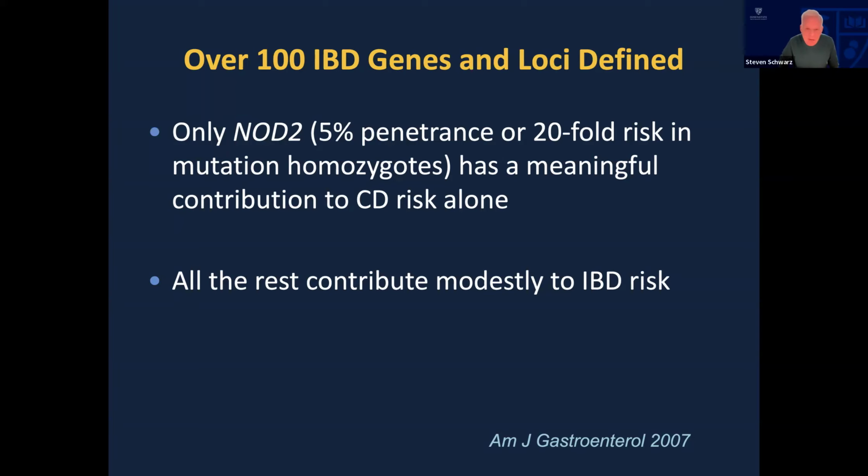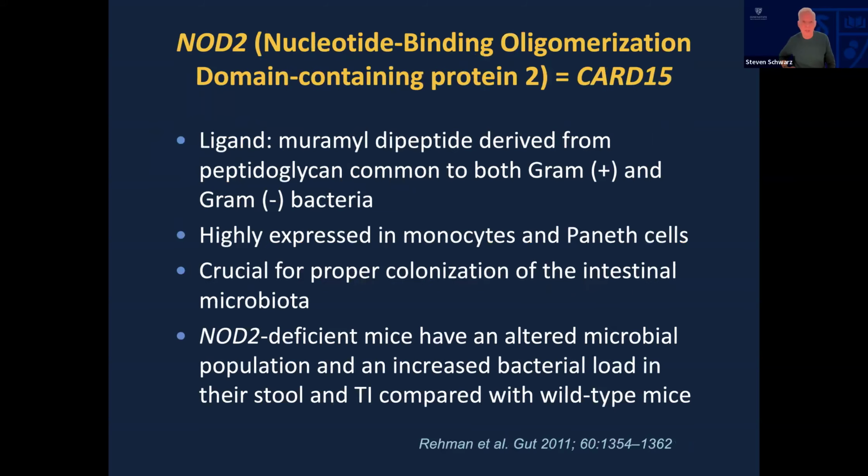Only NOD2 has a meaningful contribution to Crohn's disease risk alone. All the rest contribute modestly to IBD risk. So NOD2 is the most important of the other genetic variants that we're discussing today.